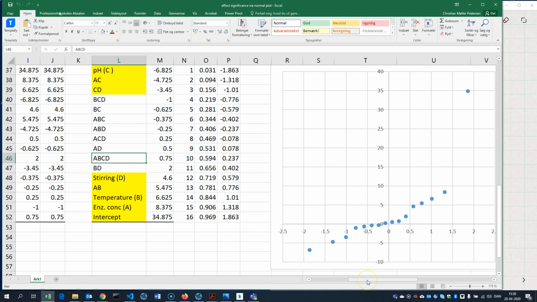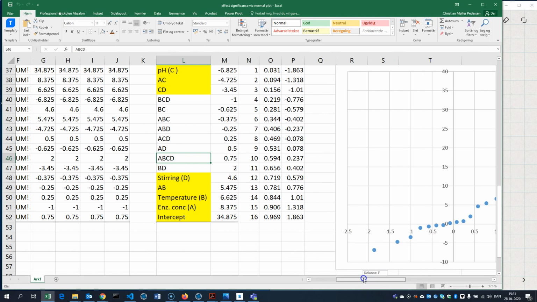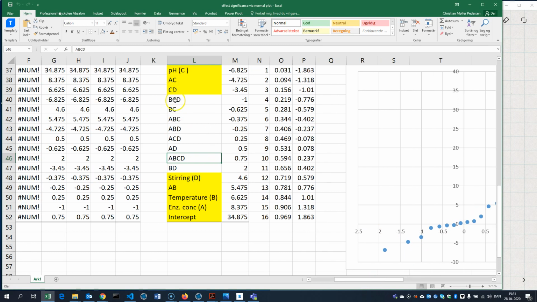This is not a coincidence. This is often so, that the higher order effects, such as BCD, ABC, ABCD, are insignificant. That is to say that the true value of these effects is 0. The only reason we get something that's not 0, -1, -0.375, -0.25, and so on, is due to random variation.